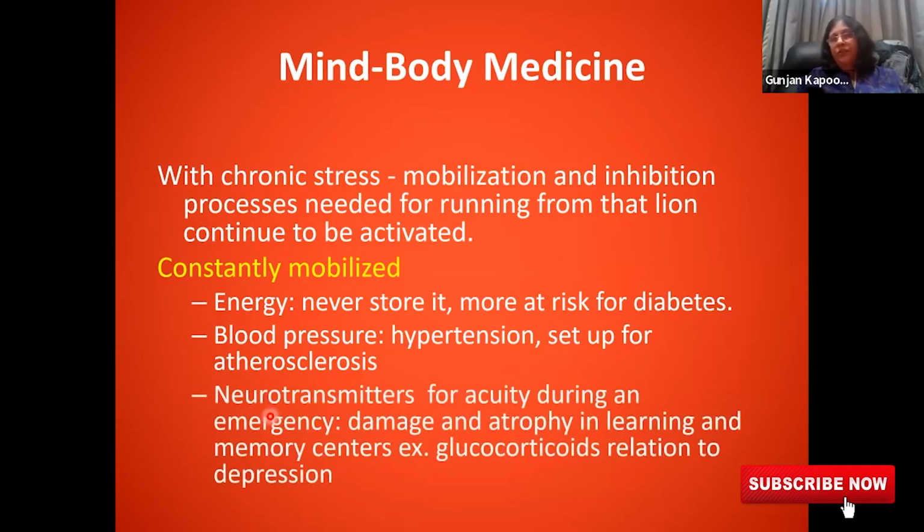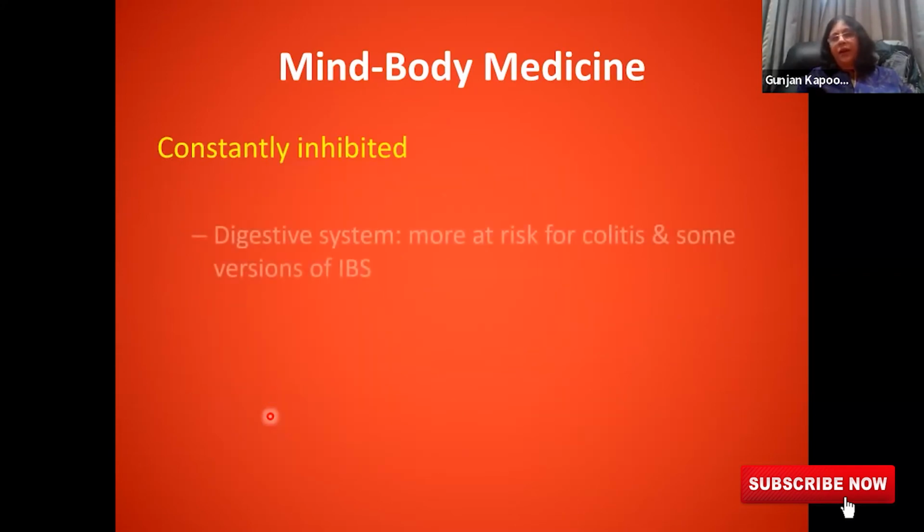It affects your brain functions, and your digestive system slows down. So a lot of patients who have IBS actually have underlying stress which is precipitating it, because all the time, because of your mental stress, you are activating your adrenaline and you are telling your bowels to slow down, to quieten down.